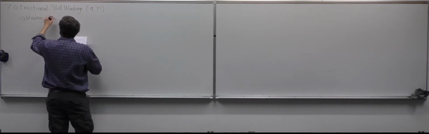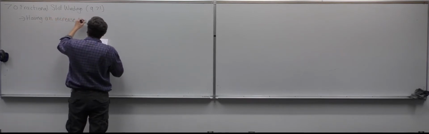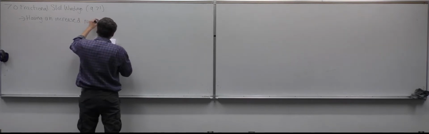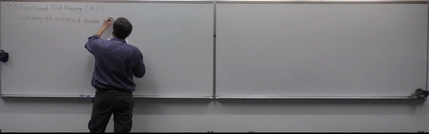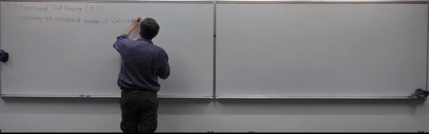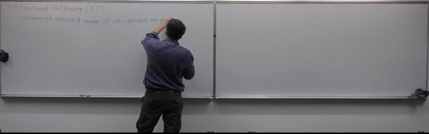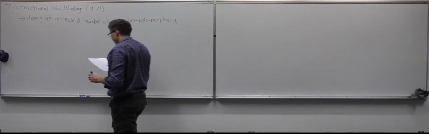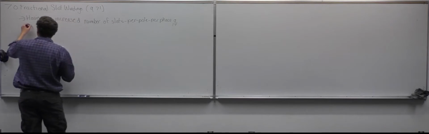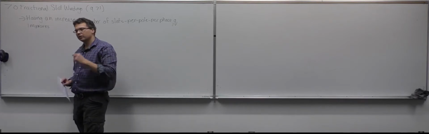Having an increased number of slots per pole per phase, Q, improves the field. So we saw this: if we had 2 slots per pole per phase, we definitely got a better waveform than 1.